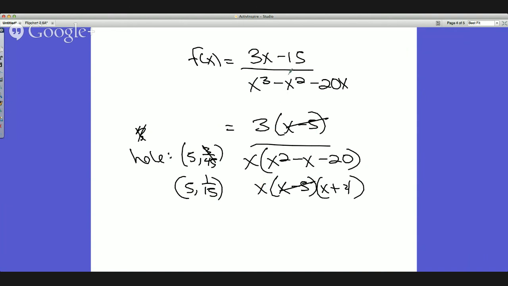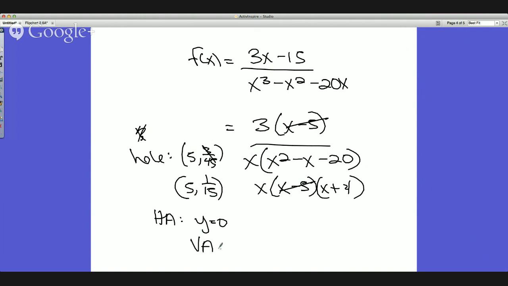And horizontal would be y equals 0 because the degree is greater on the bottom than the top.